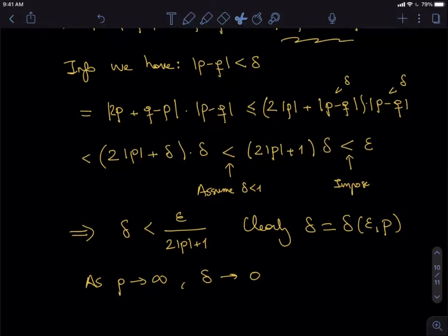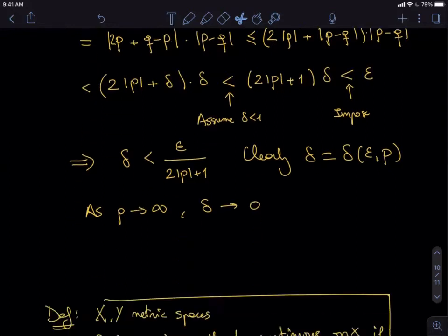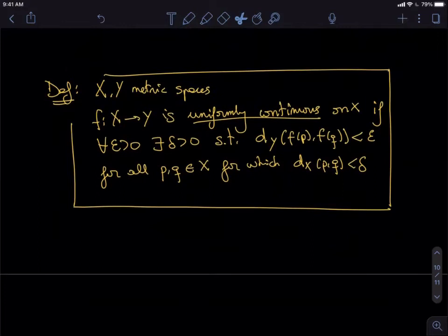The idea of a uniformly continuous function is precisely to avoid this problem, to avoid that delta becomes smaller depending on the point. So the precise definition is basically the same one we had for continuity, but it's emphasized that there exists some delta.